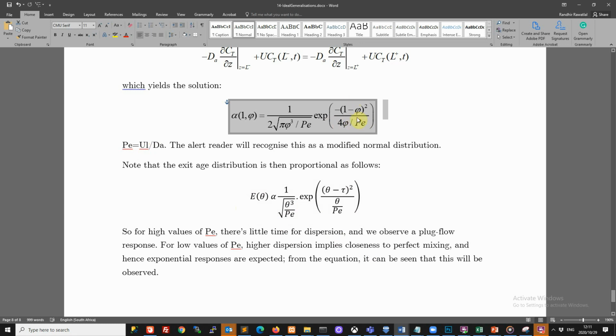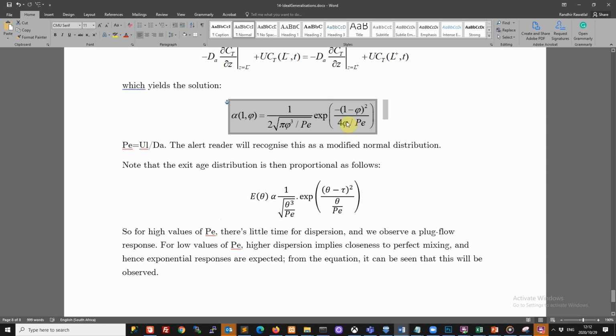So your normal distribution will dominate here, and it will give you a sharp spike. And then on the other hand, if you use very low values of the Peclet number, in other words, your convection is small in comparison with dispersion, then the fluid has much more time to distribute itself axially. In other words, you have axial mixing, so you have good mixing, and then you'll find that this equation gives you closer to an exponential decay.